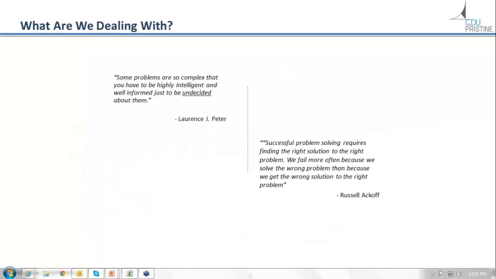Just before I get to page number 4, I want to take a minute to talk about these two quotes on the top left-hand side. "Some problems are so complex that you have to be highly intelligent and well-informed just to be undecided about them." It's not decided, it's undecided about them. That's Lawrence J. Peters, a Canadian educator born in Vancouver in 1919.